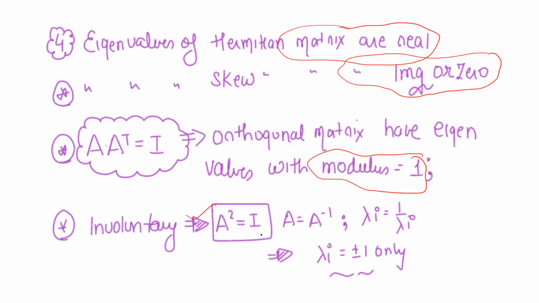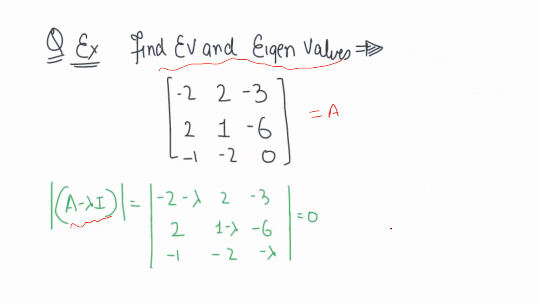For an involutory matrix, what should the eigenvalues be? Always plus or minus 1 only. For a null matrix, there is no eigenvalue. Okay, so this question is done.